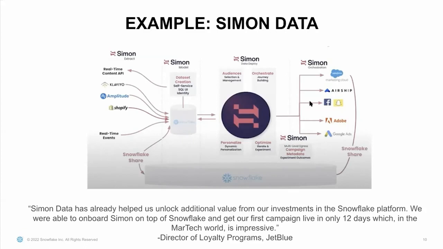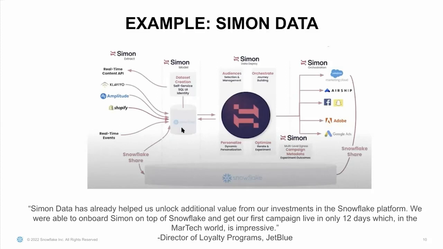What's very unique about Simon Data and how they're leveraging data sharing is that we need to remember data sharing is bidirectional, meaning it can go either from the provider to the customer or vice versa. In this sample, this is the Snowflake user account. The company that is a customer of Simon Data, but also a customer of Snowflake, already has a lot of, say, Shopify and Amplitude data on Snowflake.